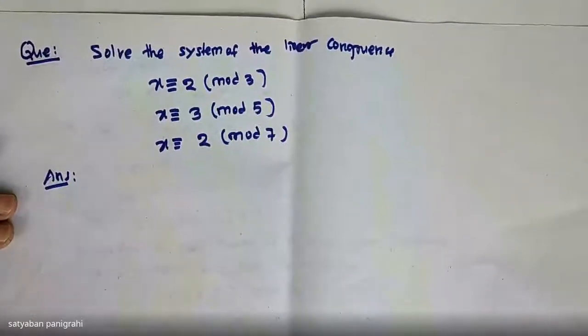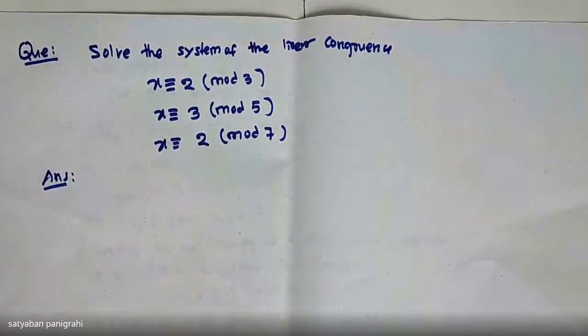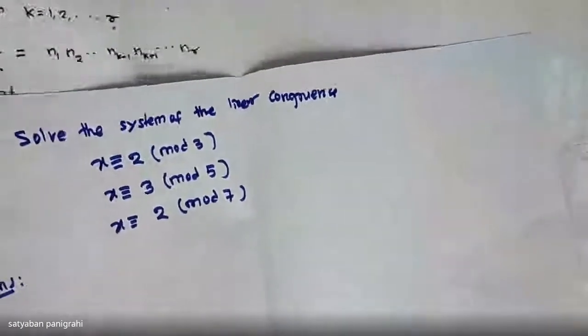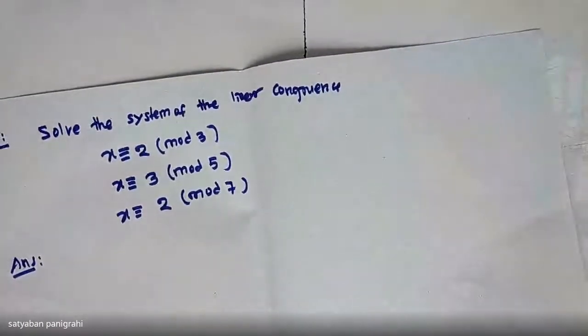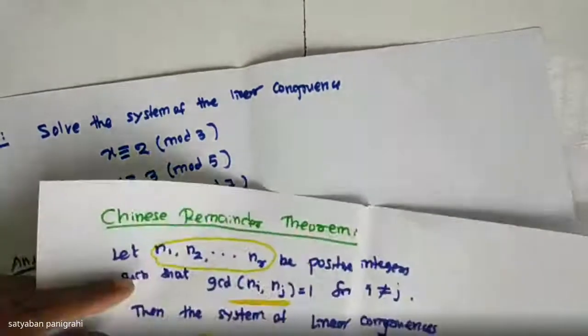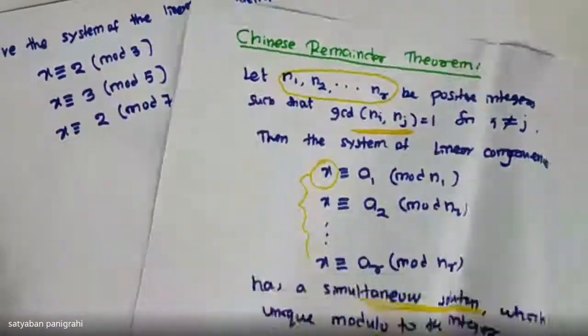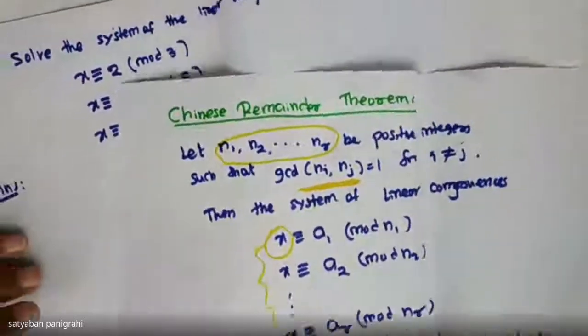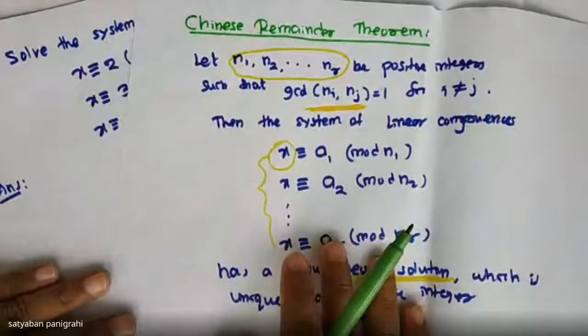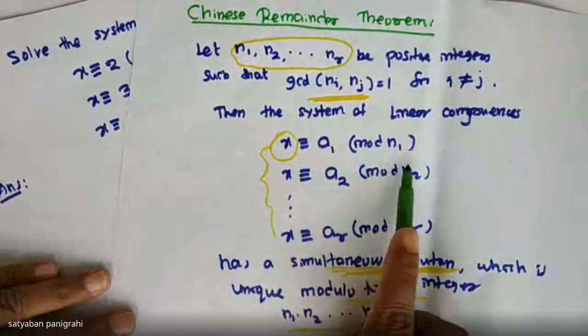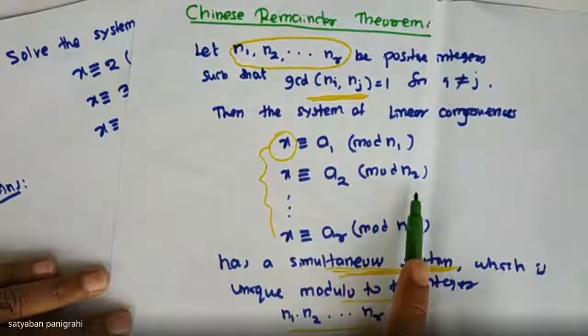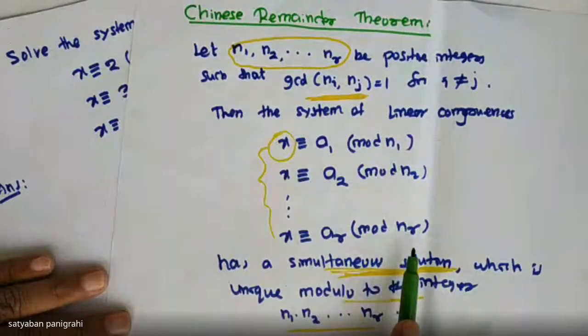Now, just for your reminder, see the statement of the Chinese remainder theorem. The statement is here: x congruent to a1 mod n1, x congruent to a2 mod n2, up to x congruent to ar mod nr.